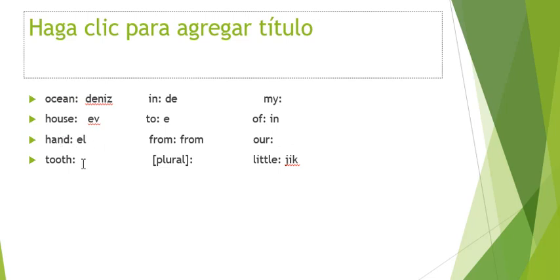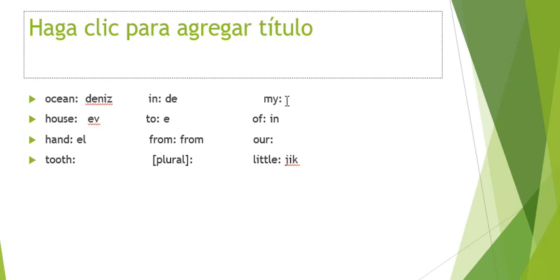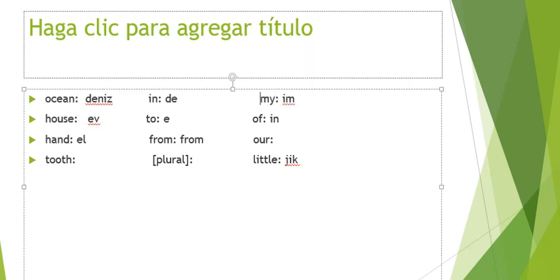So if you know that hand is el, you can analyze this word perfectly, because el is hand. So that means that my in Turkish is im. Now you have the morpheme representing my in Turkish.